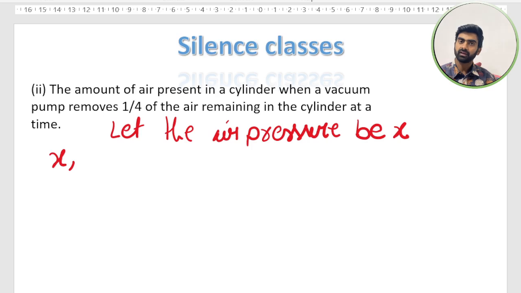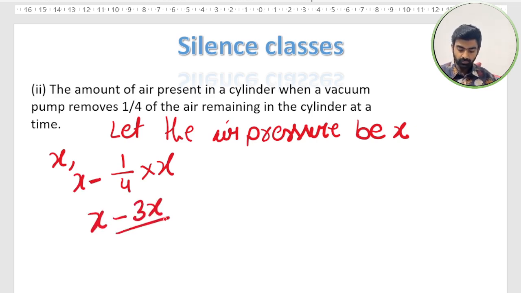Right now x air is there, and it is removing 1/4 of x. So to find how much is left in that cylinder, we subtract from x: x minus 1/4 of x, that is x minus x upon 4.